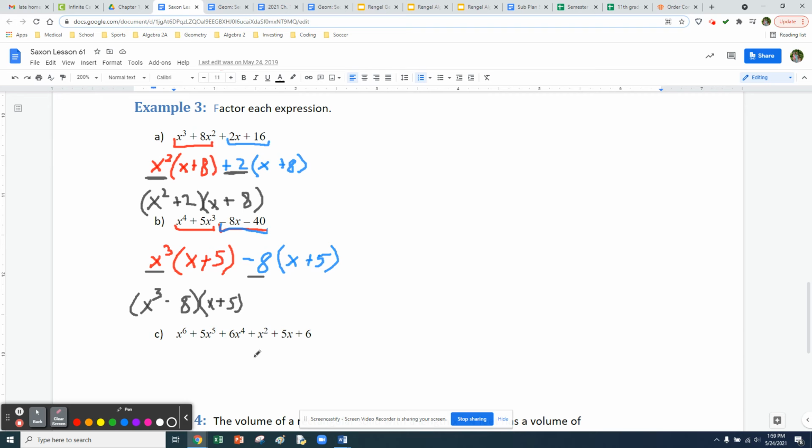Now, if you look a little deeper, this x to the third minus 8 is a difference of cubes. The cube root of x to the third is x, and the cube root of 8 is 2, so that'd be x minus 2 times x squared plus 2x plus 4, and then we'd still have that x plus 5 at the end.